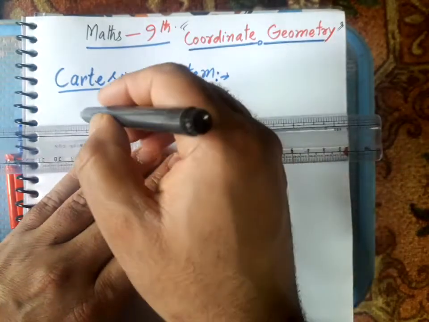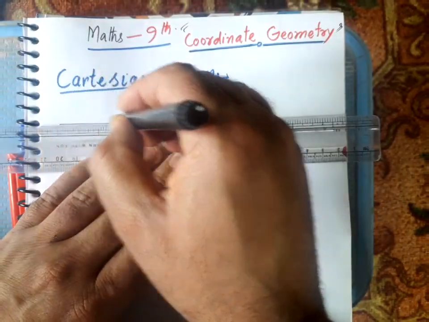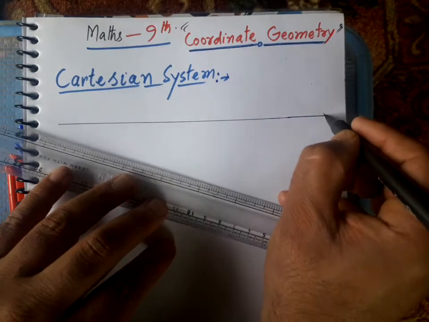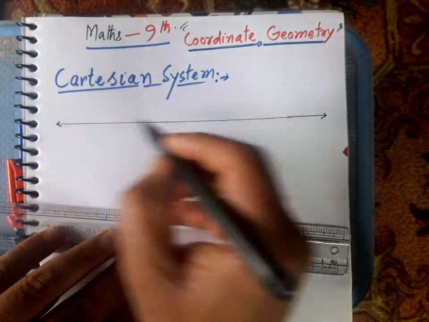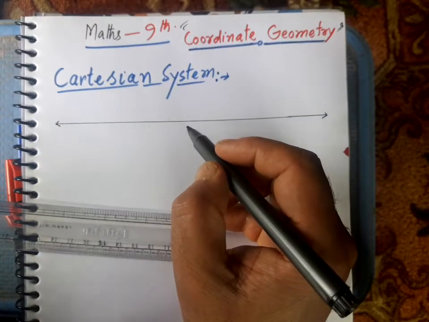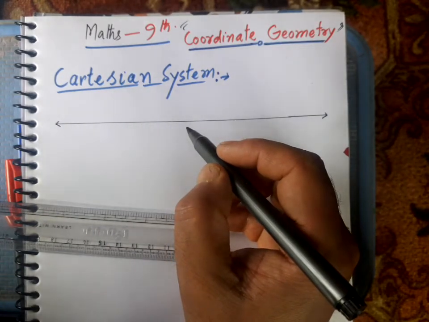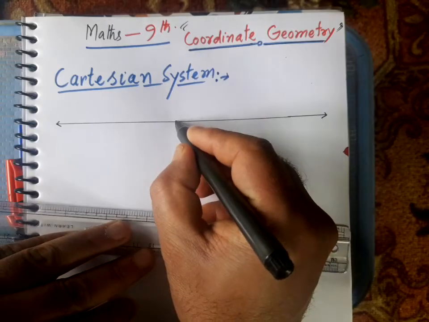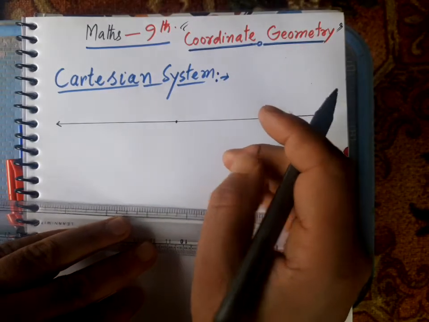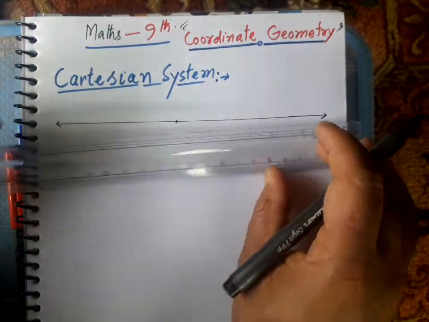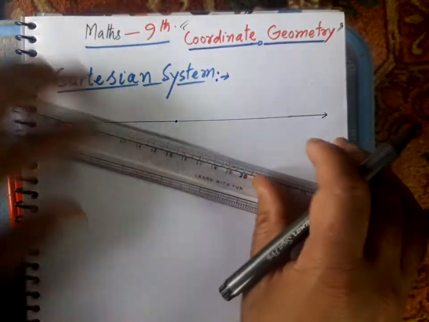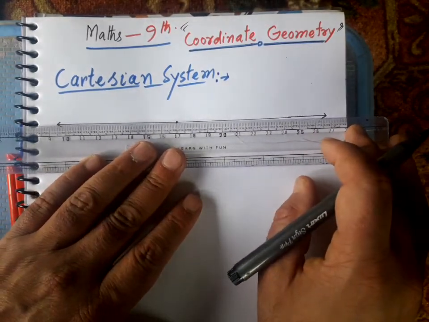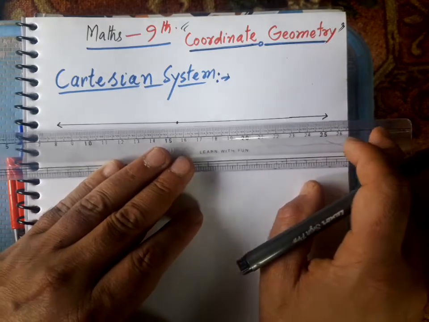A number line is a line on which the numbers can be represented in such a way that we have a reference point, and we fix a point over here, and the distances from this point are marked in equal units positively on one side and negatively on the other side.